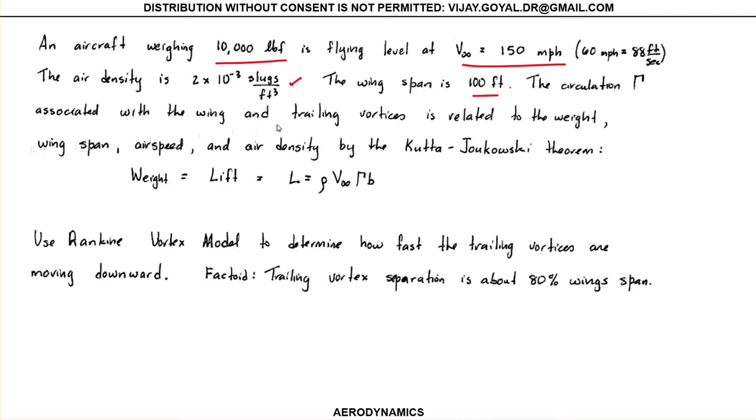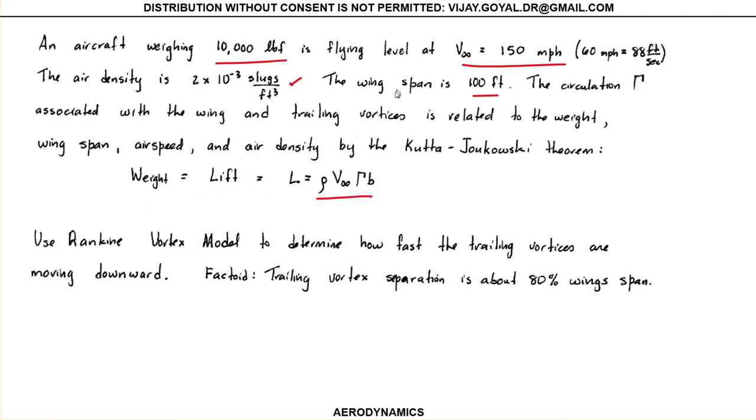The circulation associated with the wing and trailing vortices is related to the velocity and to the weight, and the weight is going to equal the lift, and is given by this equation.